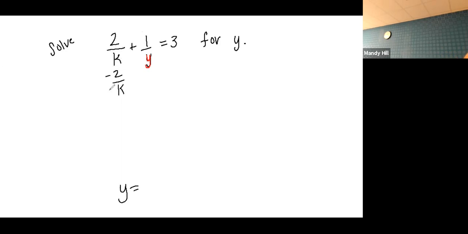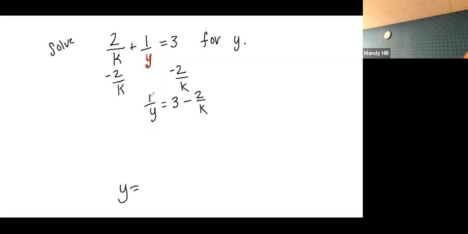So to get it to go away and move to the other side, I'm going to need to subtract 2 over k, because I want to get everything away from this y. I'm going to focus on the things that are on the same side as it and start moving. So that's going to be 1 over y is equal to 3 minus 2 over k. Okay, because those canceled out.